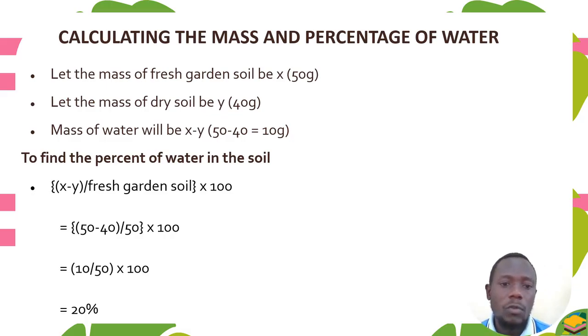Let the mass of fresh garden soil be X. Remember, we gave an example that the fresh soil is 50 grams, so that 50 grams is represented by X. Then let the mass of dry soil be Y. That 40 grams after drying the soil, after evaporation, is represented by Y. So the mass of water will be X minus Y, the fresh soil subtract the dry soil.